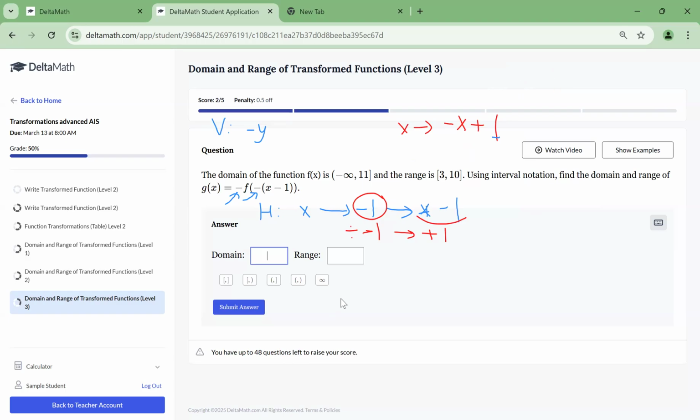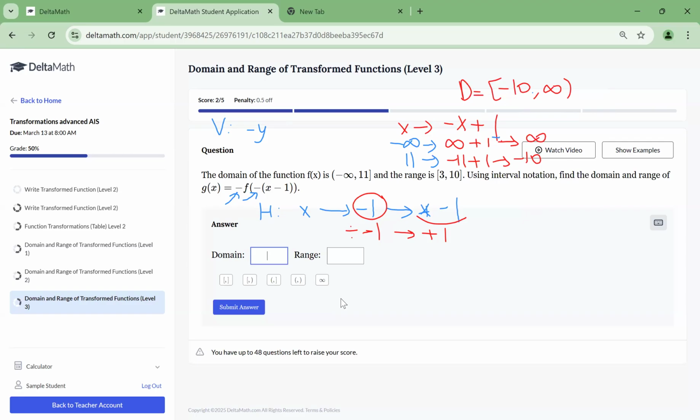Let's put the domain values in the x. So we have -infinity and 11. So negative infinity becomes infinity plus 1, which gives me infinity. -11 plus 1 gives me -10. So the new domain is -10 to infinity. This is the new domain. Then we take the range and we plot it in the y.